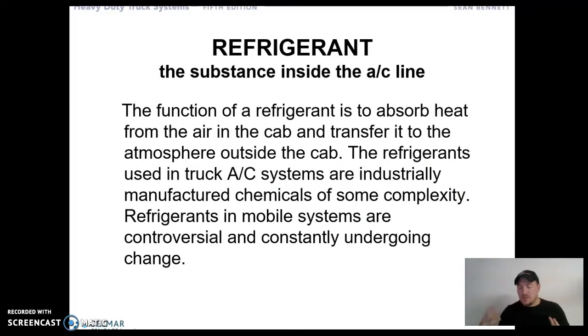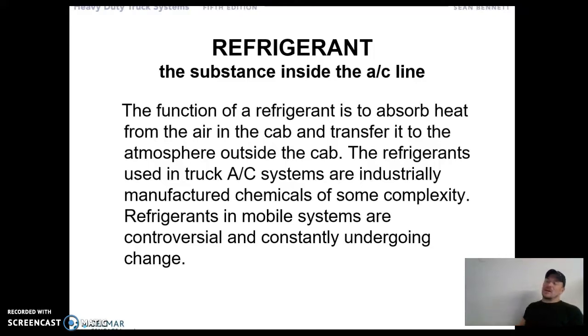All right, so refrigerant, the stuff inside of the AC line itself. Pretty important, right? Water technically could work. Its boiling points aren't really very good for an AC system, but it could work. If you were to change the pressures enough, it could technically do the job. Just about anything can.